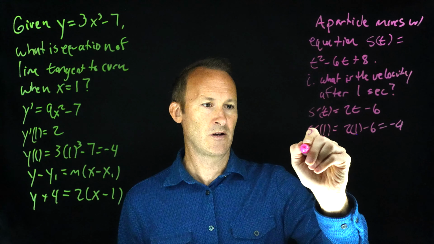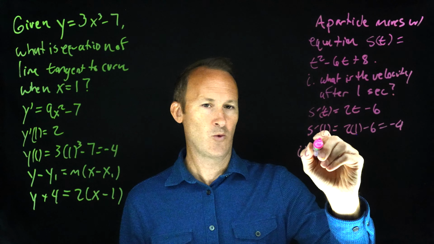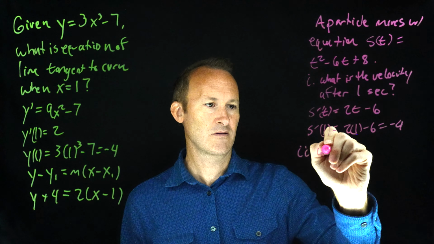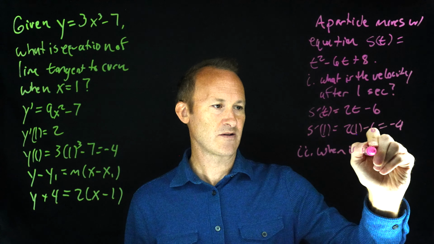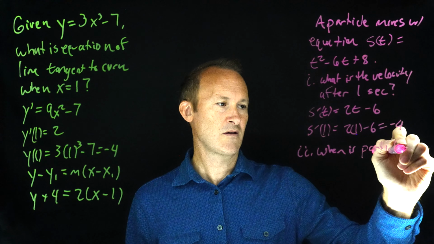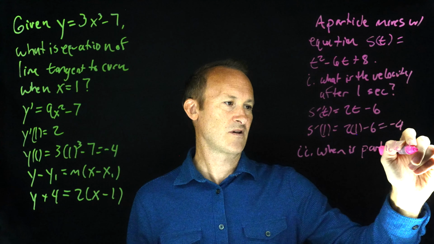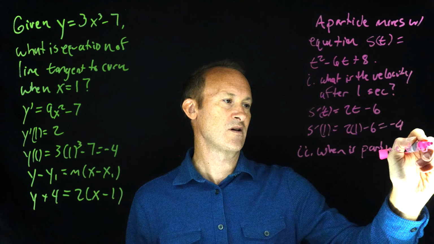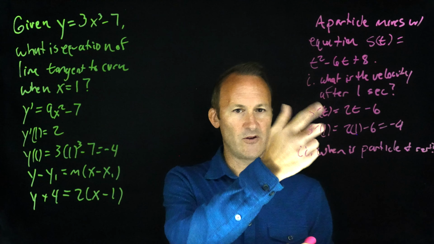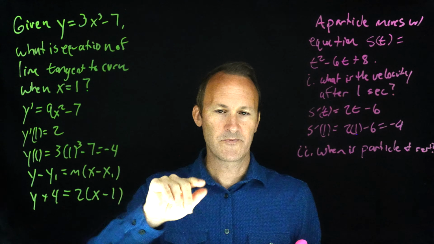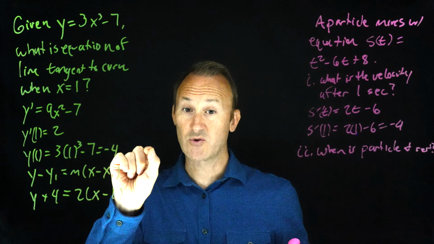Great. Number 2. When is the particle at rest? These are classic. When is the particle at rest? Okay, so it's at rest when the velocity is 0. So the idea is it goes back, it comes to a complete stop.